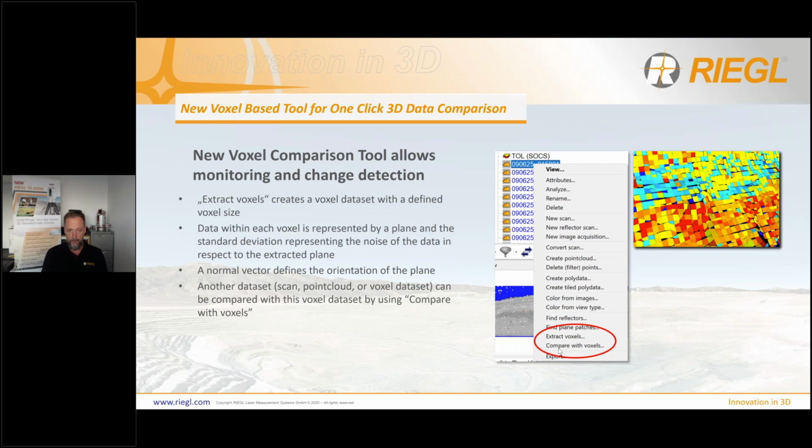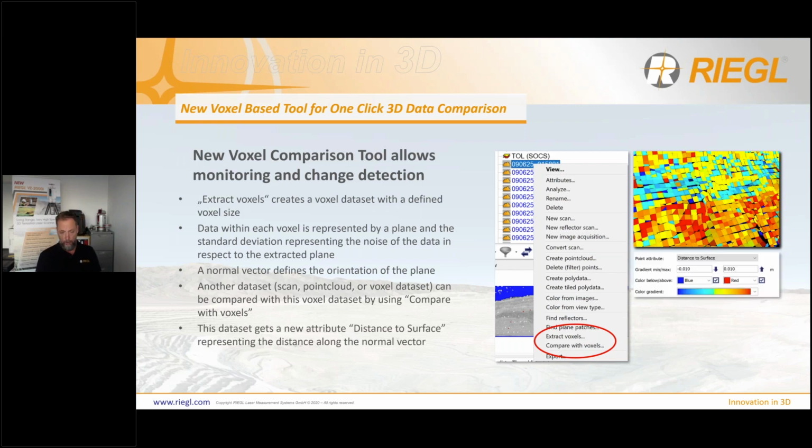And this now compares along the normal vector of the reference data set, and this gives the second data set a new attribute, which is called distance to surface, and which is the distance to the closest voxel. And you can then open this data set and use this distance to surface attribute to visualize the differences. So you see, with just 2 mouse clicks, you have a new attribute on your data set, which gives you the comparison to a reference data set.